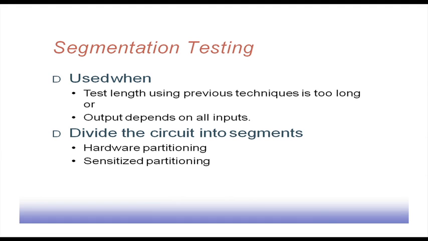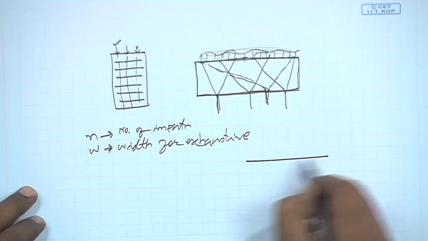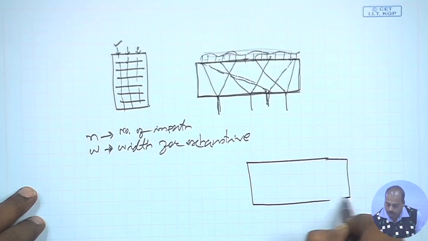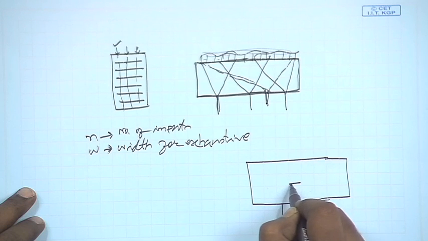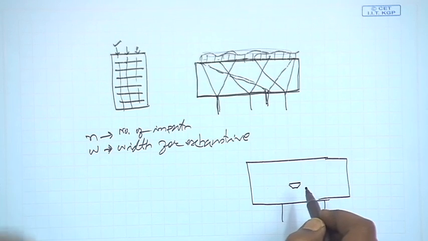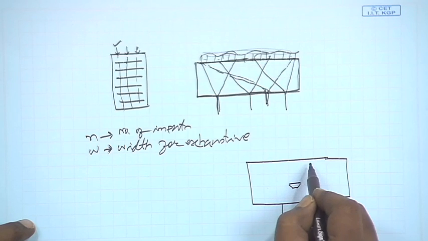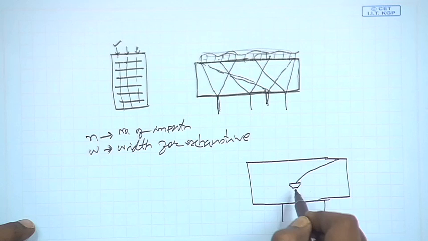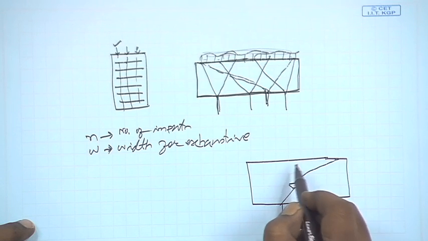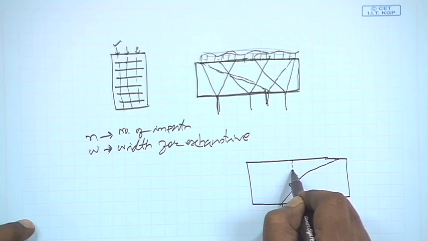In that case, what is suggested is that we divide the circuit into segments. How do we divide? Say the circuit has 2 outputs, this one and this one. We put in a multiplexer. Normally the input may be coming from a far away input, so that this cone includes it. So we have some other input multiplexed onto it.